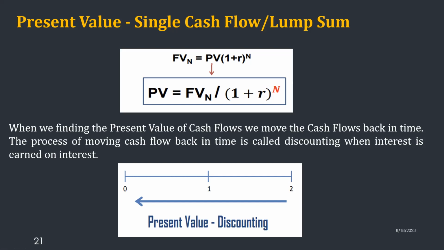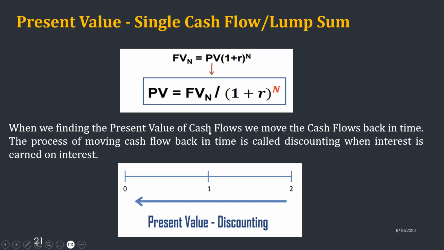Here what we do is the other way around. If you're in a future year and you're calculating the cash flows from today's perspective, then you're discounting the cash flows, or going backward.